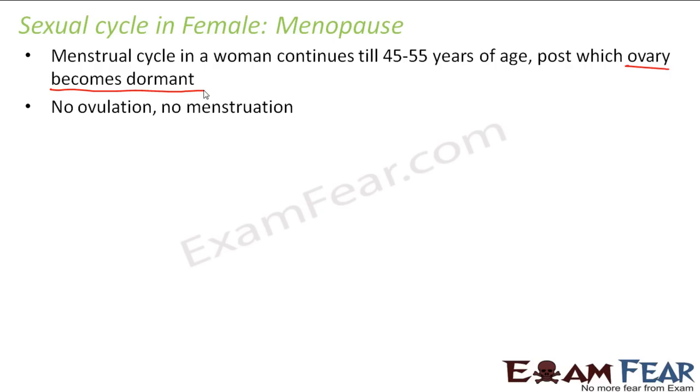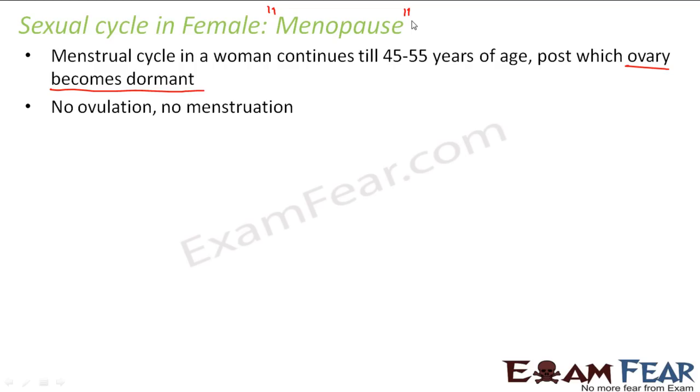This stopping of the menstrual cycle is known as menopause. Pause means stop, so this is known as menopause. Once menopause occurs, that woman becomes incapable of reproduction. That denotes the end of the reproductive cycle for that female.